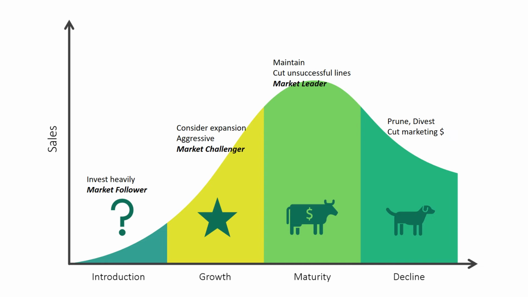A star is in the growth stage and, at this point, could be considered a market challenger. The cash cow is at its peak, and the idea here is to maintain itself as a market leader, to prevent slipping into decline or entering the dog stage, where your best option may be to prune or divest or certainly reduce the marketing funds allocated to it.